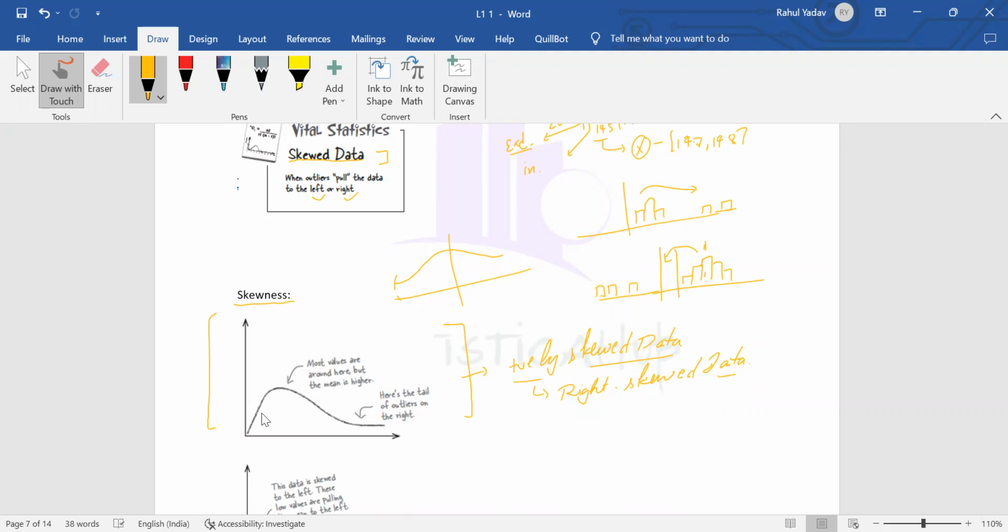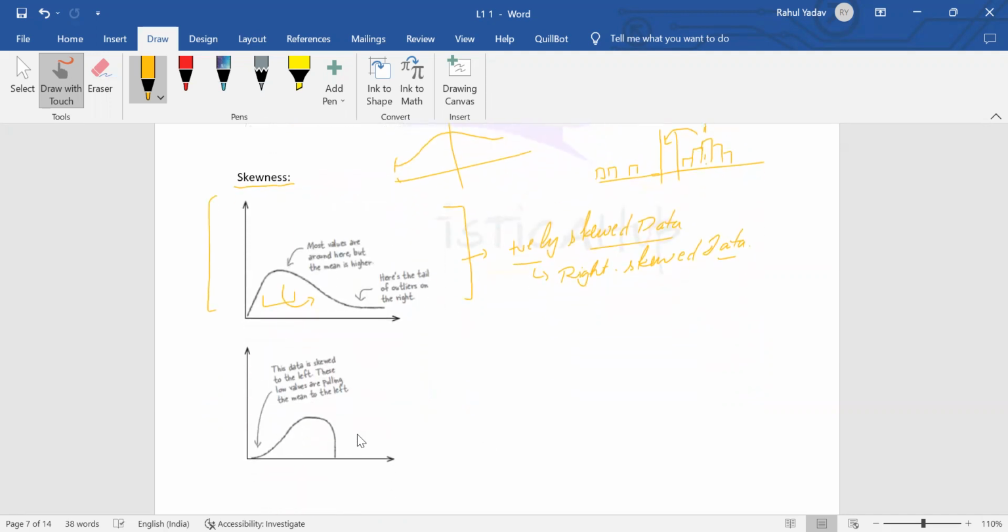Okay, that means there is a majority of data points in this region, but there are some outliers in the right tail that are shifting the mean rightward. That is right skewed data. In a similar format, we have what is known as left, or negatively skewed data.